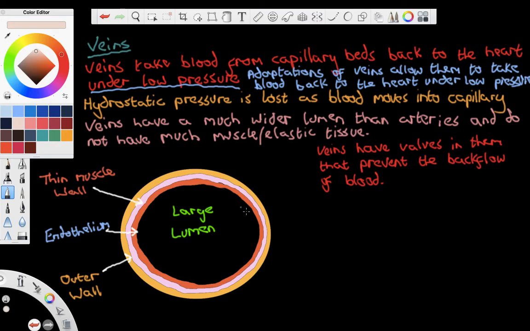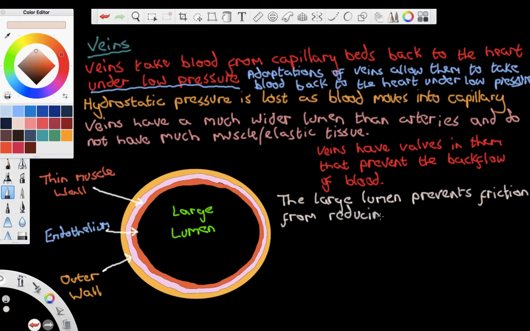So I'm also going to write down that the large lumen prevents friction from reducing blood flow. Okay, so the large lumen prevents friction.